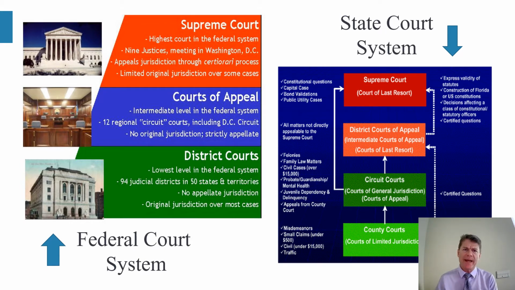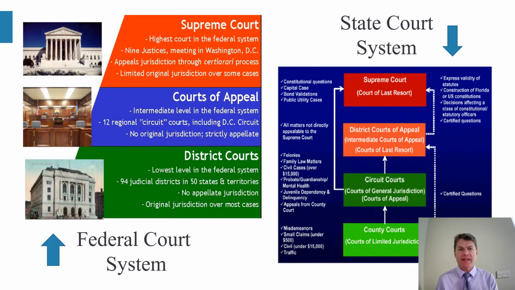So let's say you're a criminal defendant and you lose at trial, you lose on appeal, you lose at the state Supreme Court. The state system does give you one additional option for process from a judicial perspective, and that's the U.S. Supreme Court, which is in the federal system.